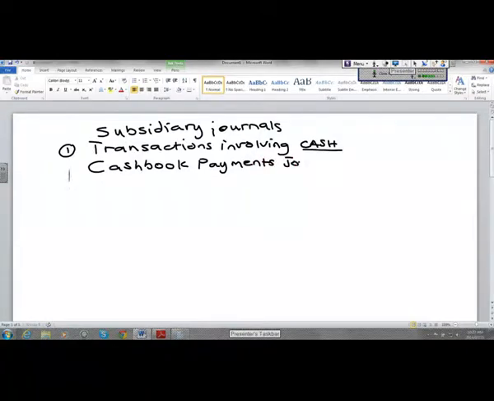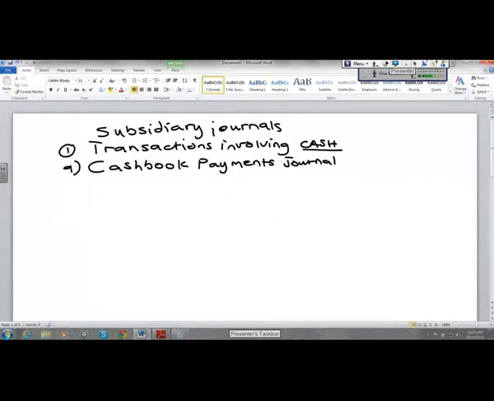This is our first book. In this journal, we only record transactions involving the payment of cash. So whenever the business pays cash, we're going to record the transaction in this book.